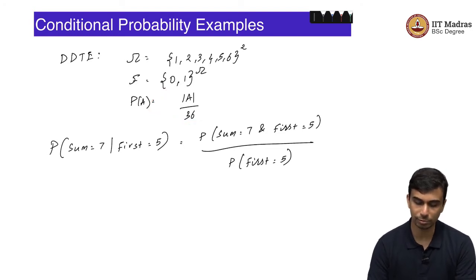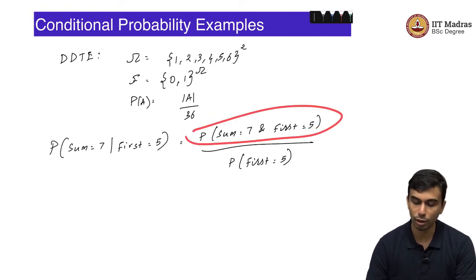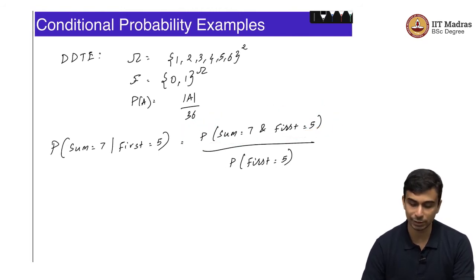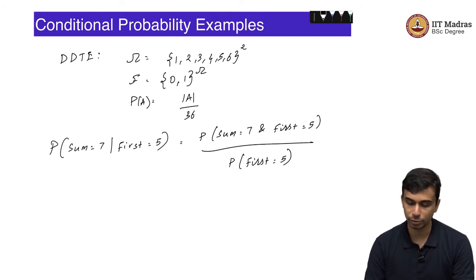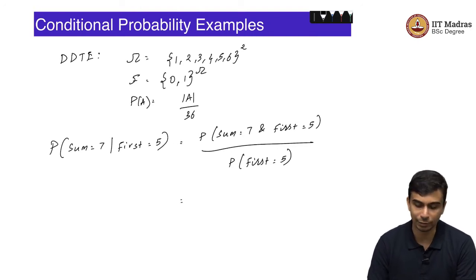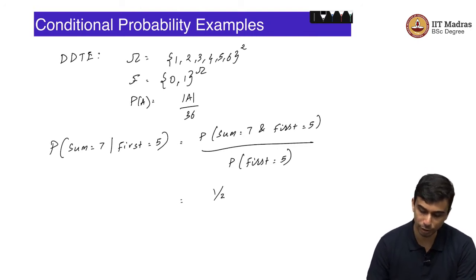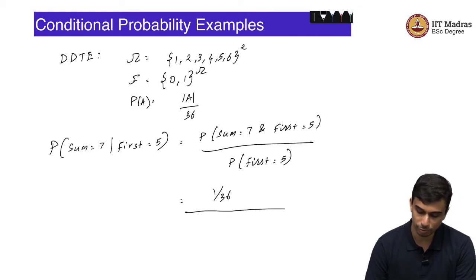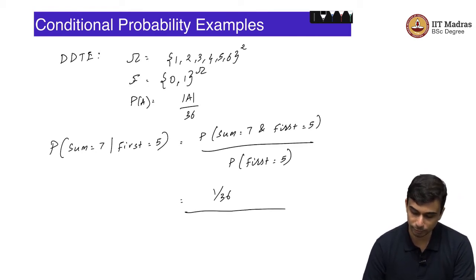In this case we have a counting probability measure, which means that we just need to count how many of the 36 events satisfy this condition. Sum equal to 7 and first equal to 5 means that (5, 2) is the only event here. So the number of outcomes here is 1, so it's 1 by 36.